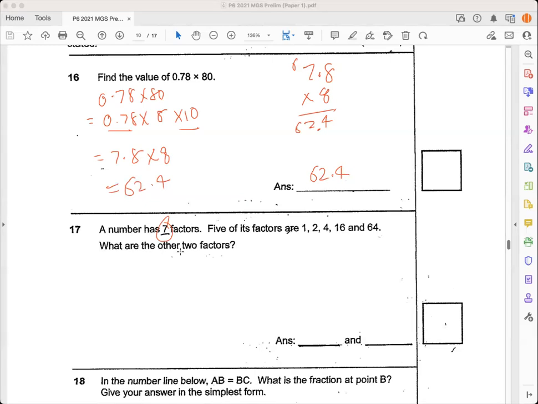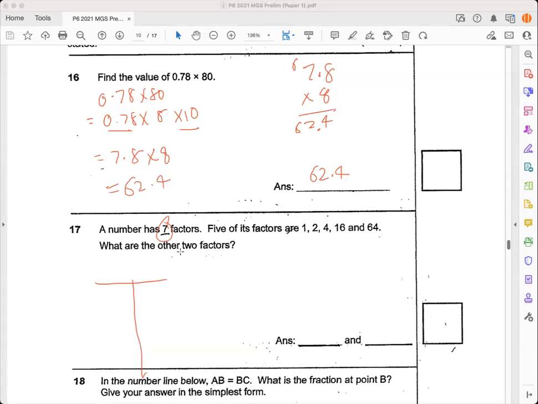That would mean that one of the factors is multiplying by itself. Example, it can be 8 times 8, it can be 4 times 4. So if a factor multiplies itself to get the number, then the number of factors will be an odd number.